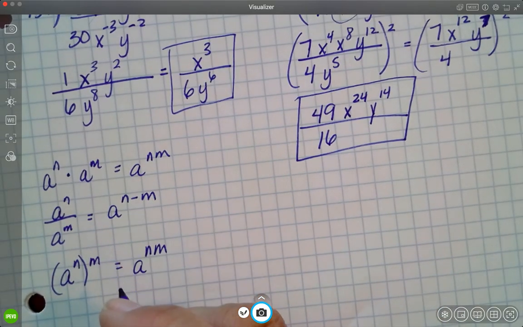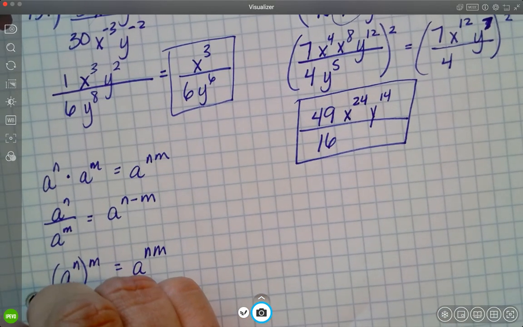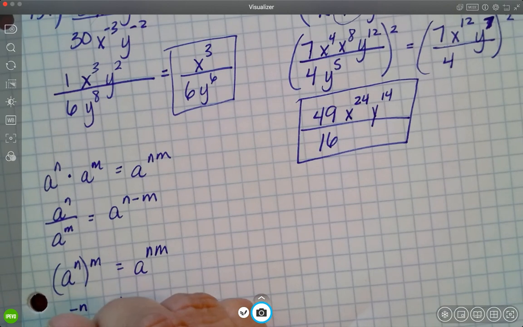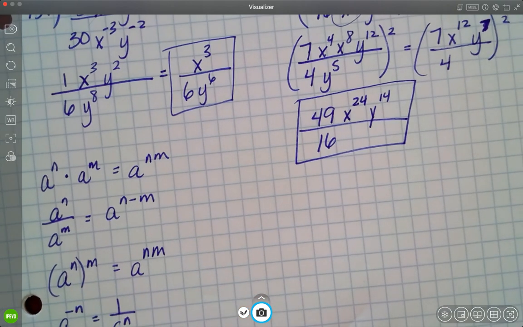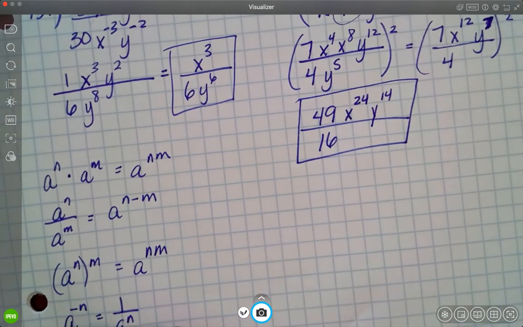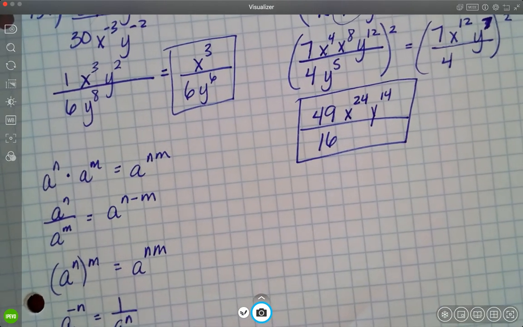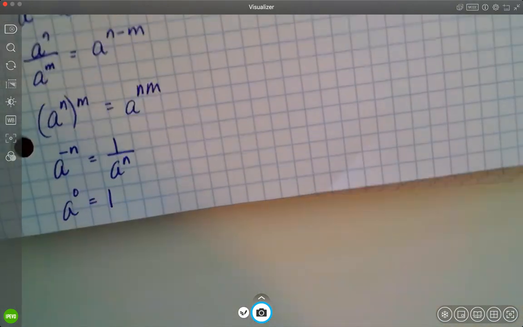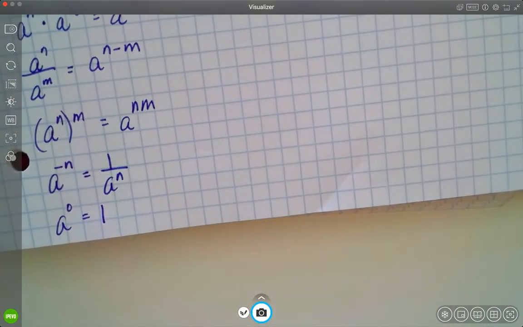And then a to the negative n equals 1 over a to the n. So these are all the rules that you learned in Algebra. You should know all of these rules.